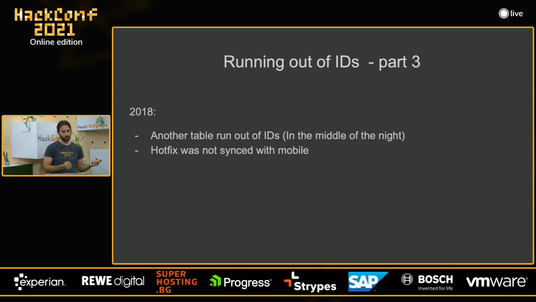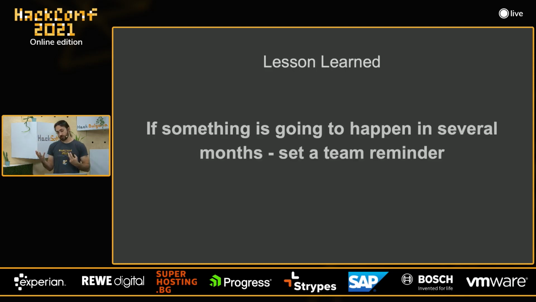The problem was that the hotfix was not synced with our mobile teams, so they kept using the 32-bit integers while we were already switching to 64. As a result, they had some weird behavior on the app. Numbers were rounded, numbers were just messed up. It led to a bit of data loss, but it was solved at the end.